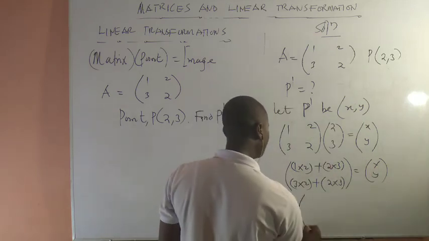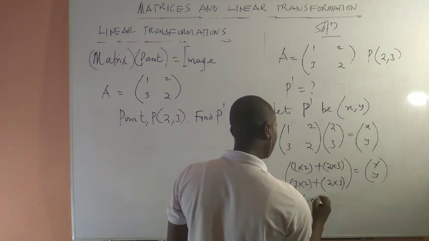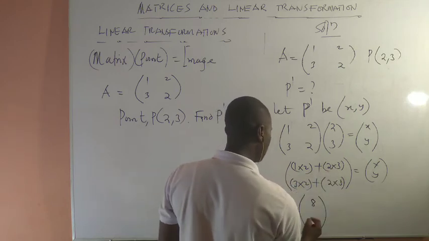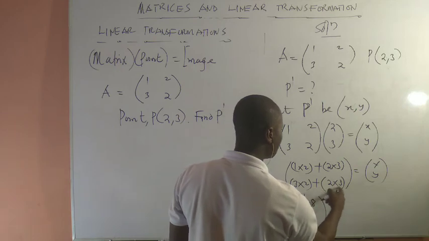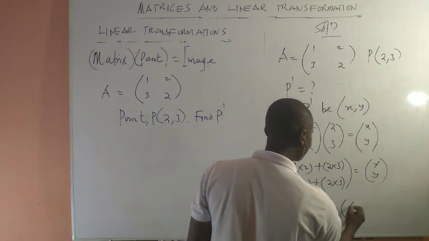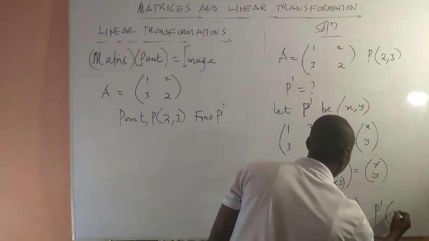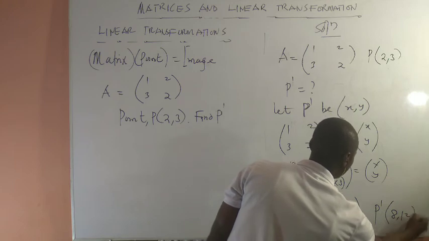So to simplify this, 1 times 2 is 2. 2 plus 2 times 3, which is 6, gives us 8. 3 times 2 is 6, and 6 plus 2 times 3, which is 6, gives us 12. This is equal to XY. That means that our P prime, that is the image, is 8, 12.